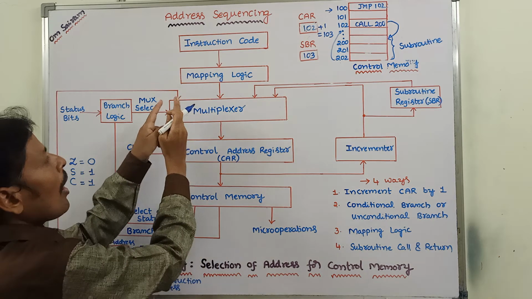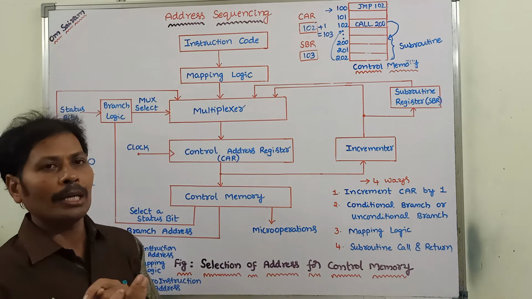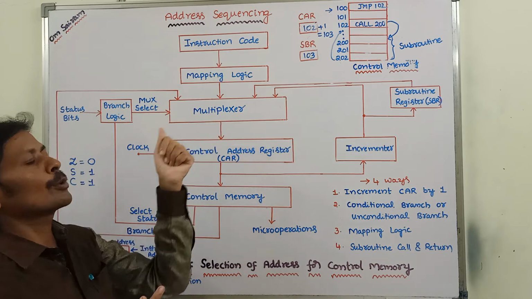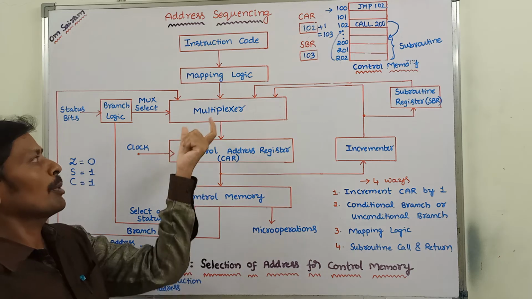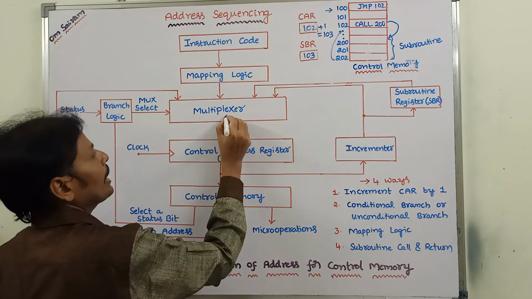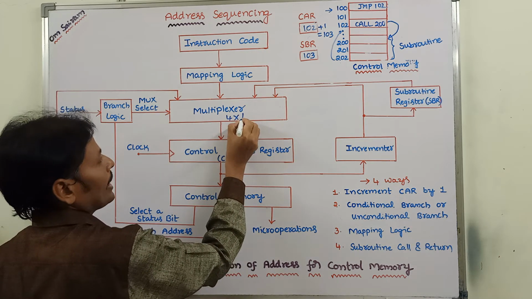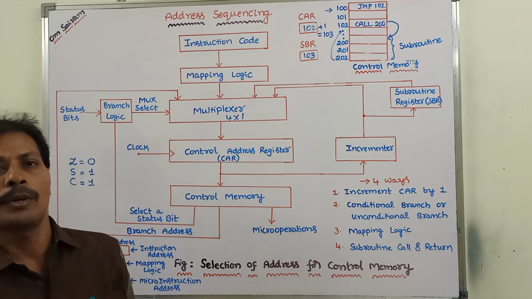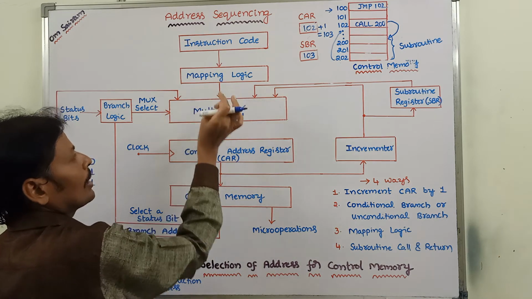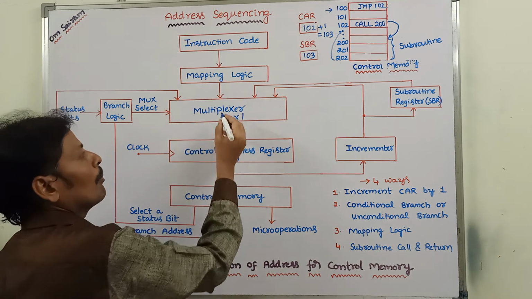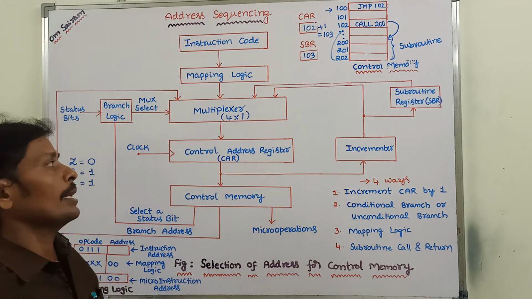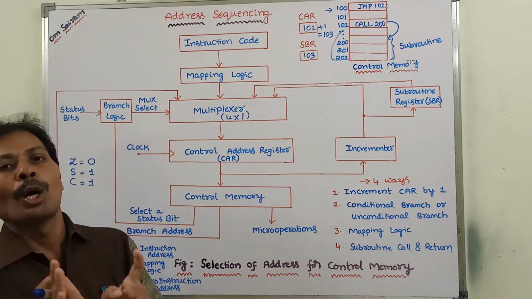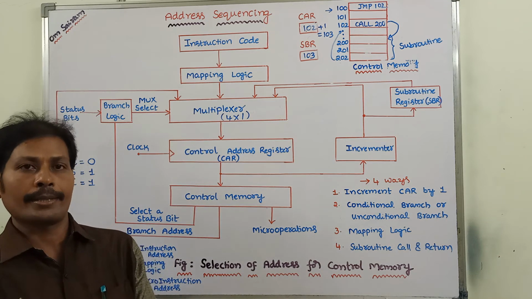Among those 4 branch addresses, we have to select only one address. For that purpose, we require a multiplexer. Its size is 4 by 1: 4 inputs and 1 output. By using that 4 by 1 multiplexer, we select one branch address.